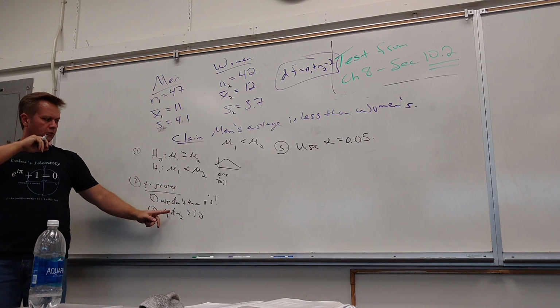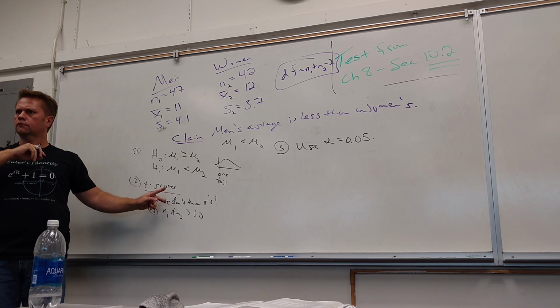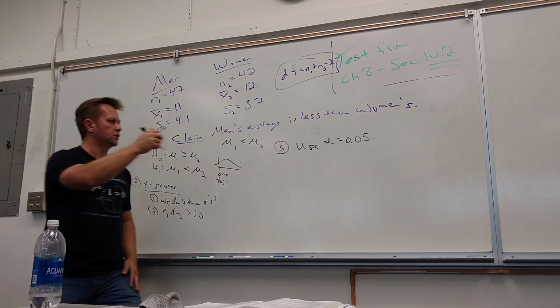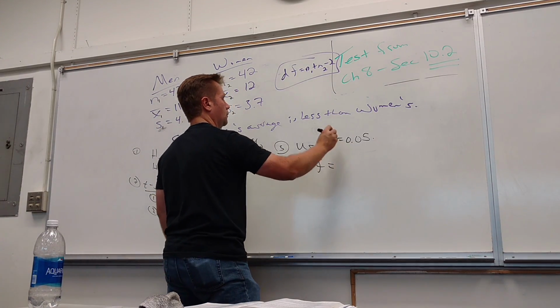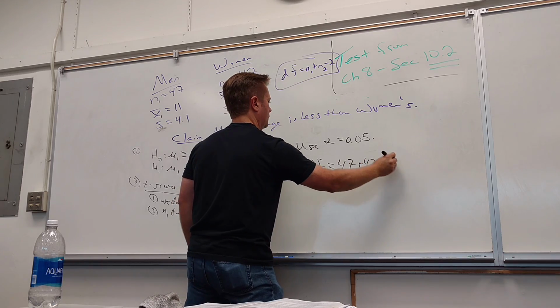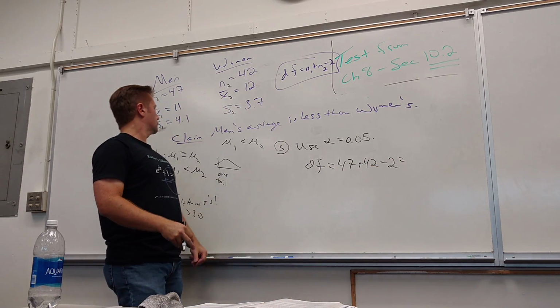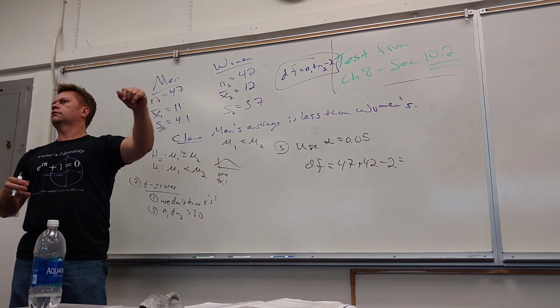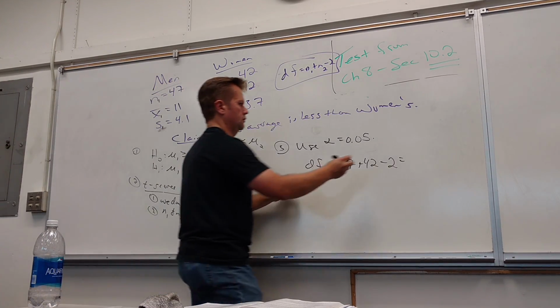What else do I have to know for T-scores? Degrees of freedom. What's the degrees of freedom? Yeah, 47 plus 42 minus 2. 87.